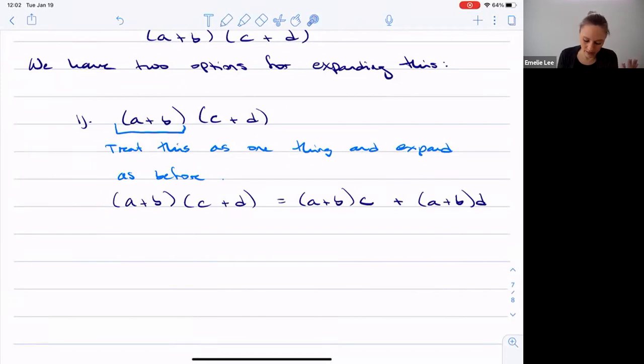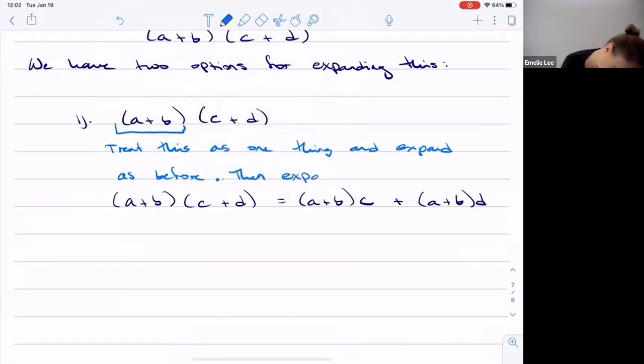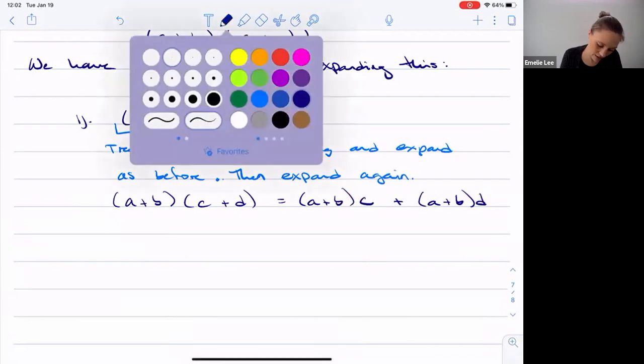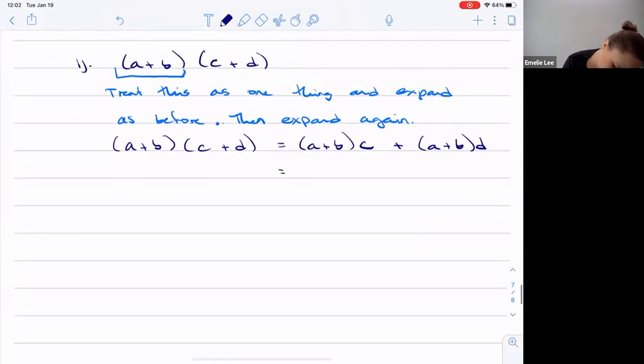But then, of course, we're going to need to expand again, right? And so what I should do is I should write a follow-up here, then expand again. Right? So now here, I can expand this c into a plus b and this d on a plus b. So what I end up with here is I get ac plus bc plus ad plus bd.